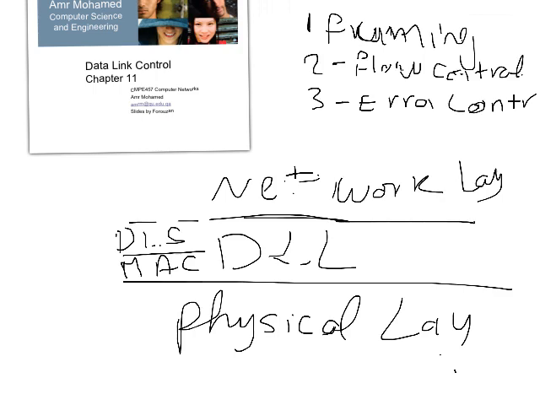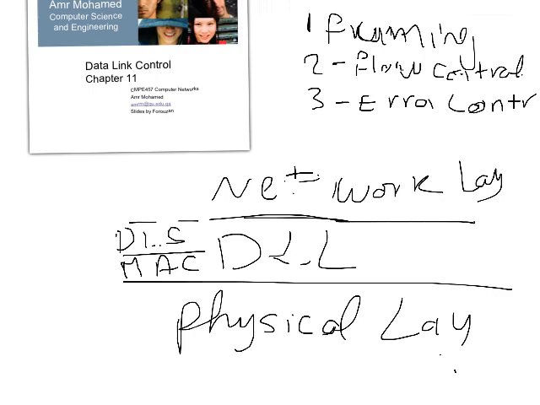But when we switch to wireless, we cannot perform carrier detection or collision detection, in which case we have to use CSMA/CA, or carrier sense multiple access with collision avoidance, because we cannot perform any collision detection in the case of wireless.